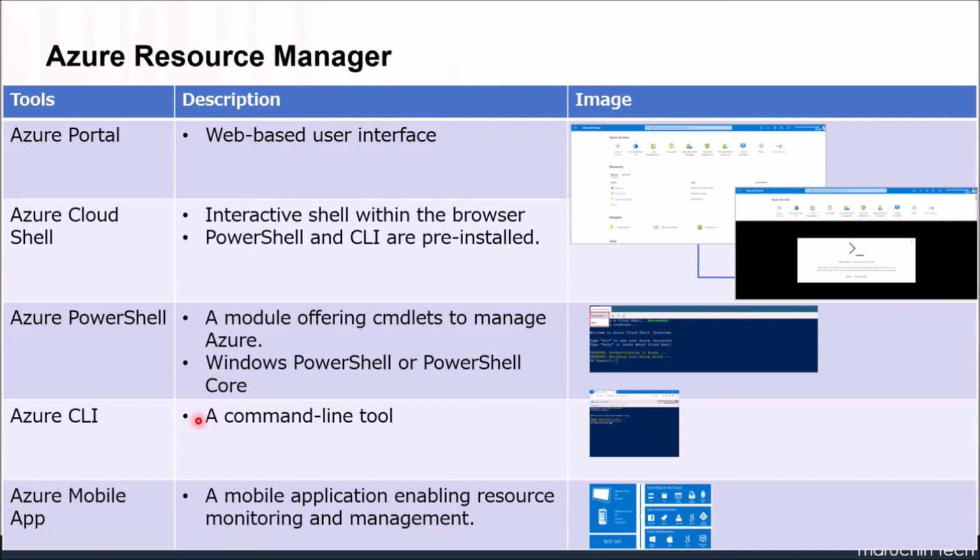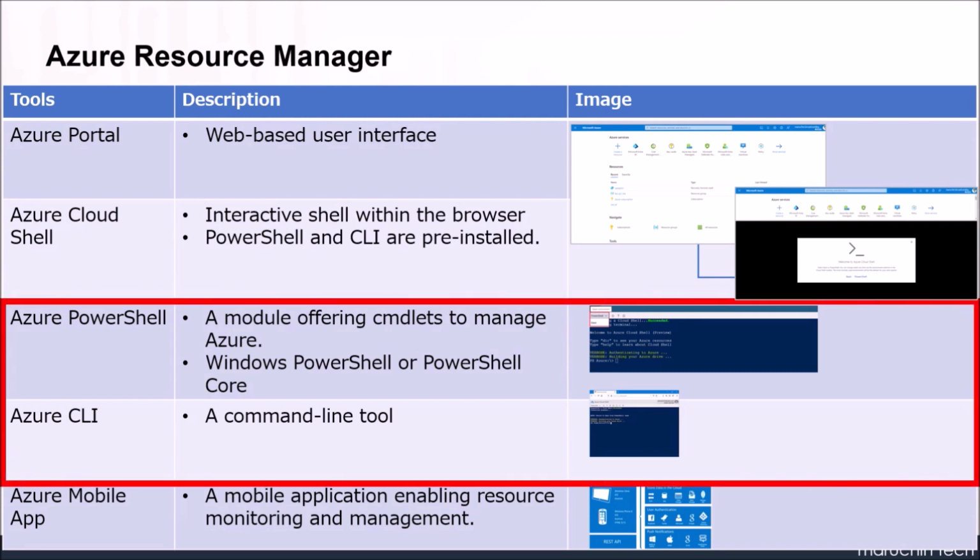Azure CLI is a command line tool providing a set of commands, and the Azure mobile app is a mobile application enabling resource management from your mobile devices. The CLI and PowerShell are outside the scope of the AZ-900 exam, but I'm going to introduce them for reference.